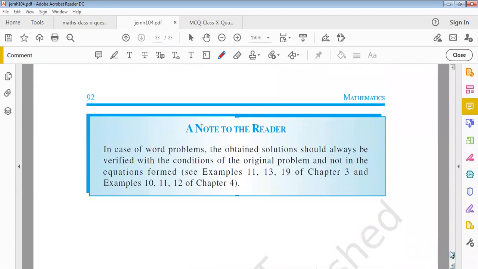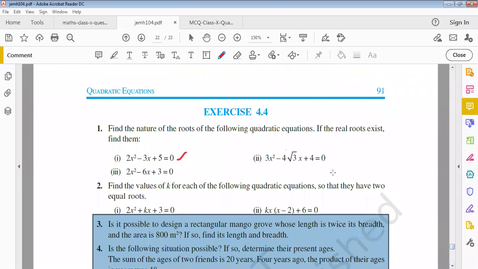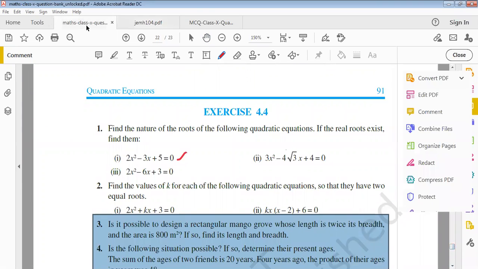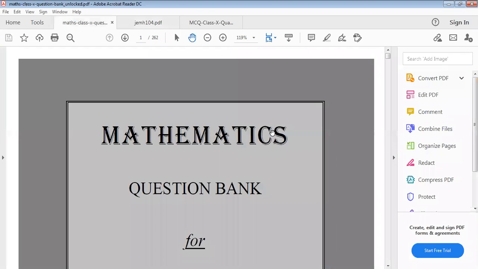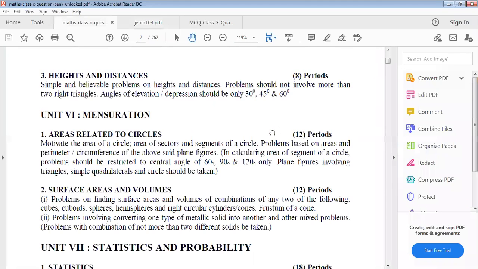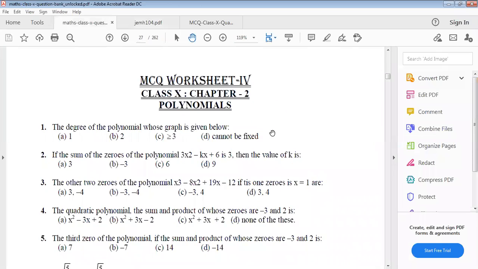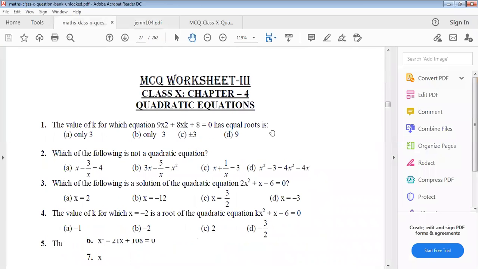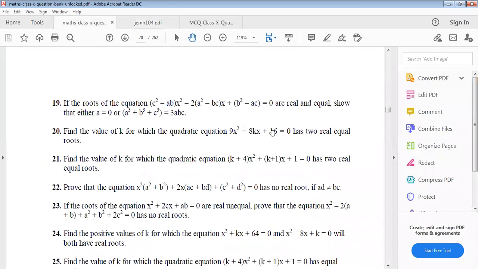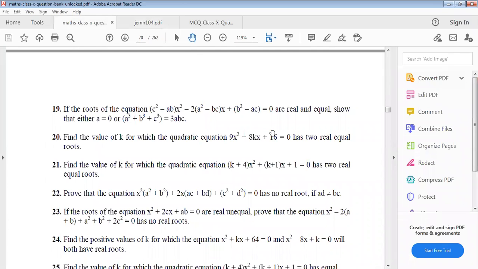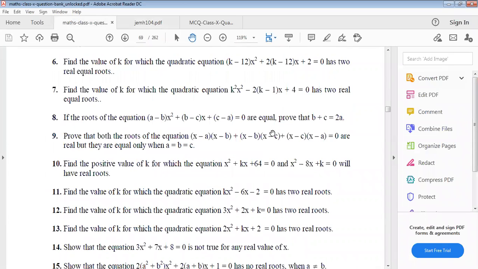So this topic from your textbook has been completed. Now we'll go for the next. Some other different type of questions will go off.